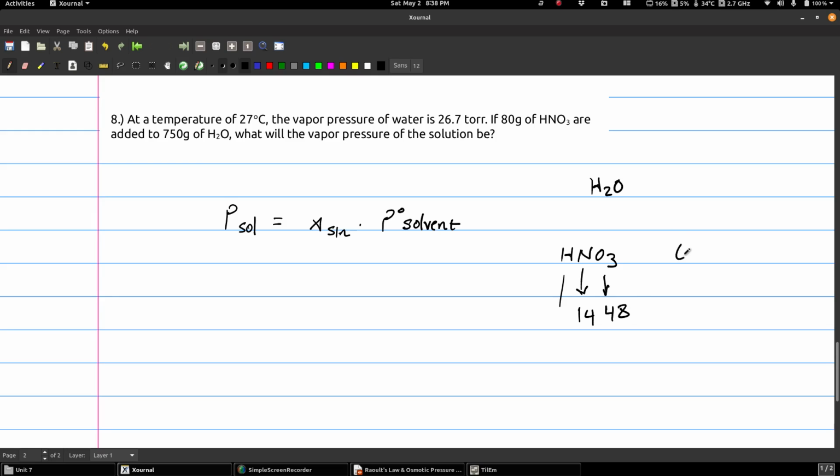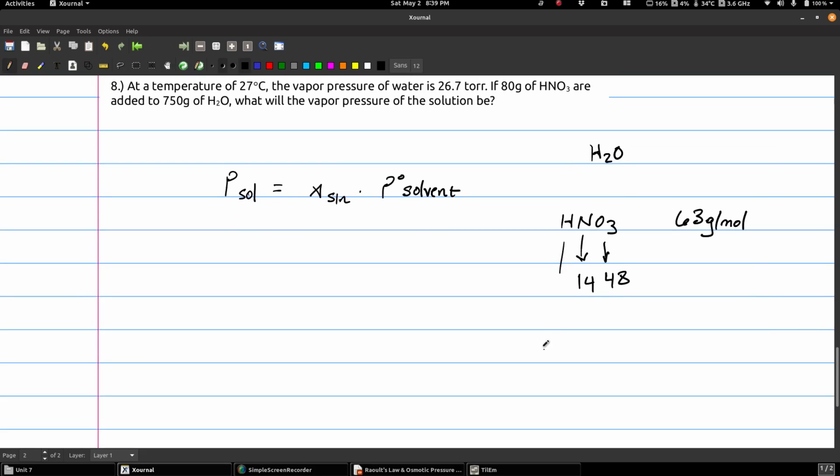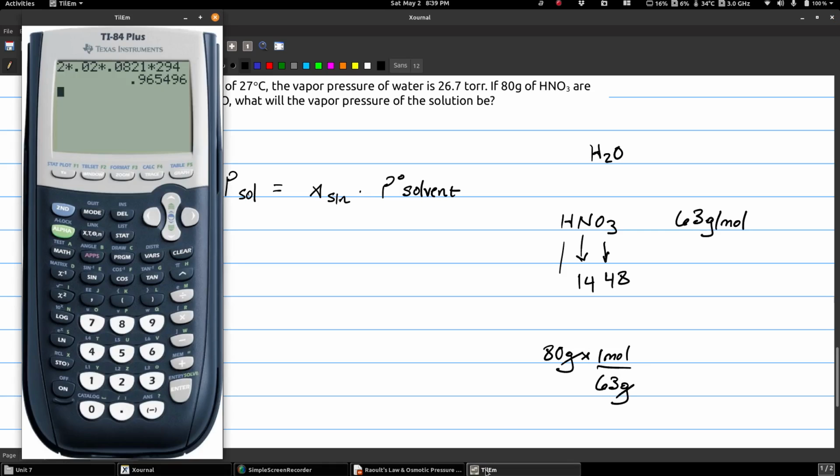So it should be about 63 grams per mole, I think. Yeah, so that should be about 63 grams per mole. And we have 80 grams of it. So let's figure out how many moles we have. So 80 grams times 1 mole divided by 63 grams. And this is for your nitric acid. So 80 divided by 63. So you're going to have about 1.27 moles.